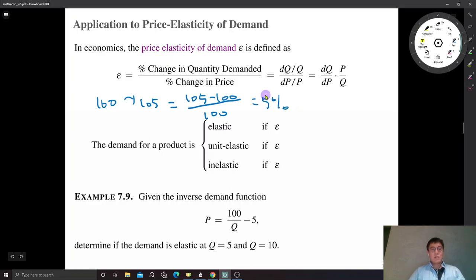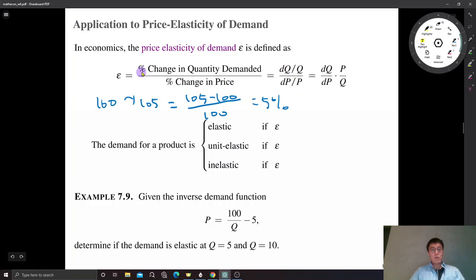So if we consider a tiny change in price, then this amount of change can be denoted by dp, the differential dp, which stands for an infinitesimal change in price. And then we need to divide it by the previous price.